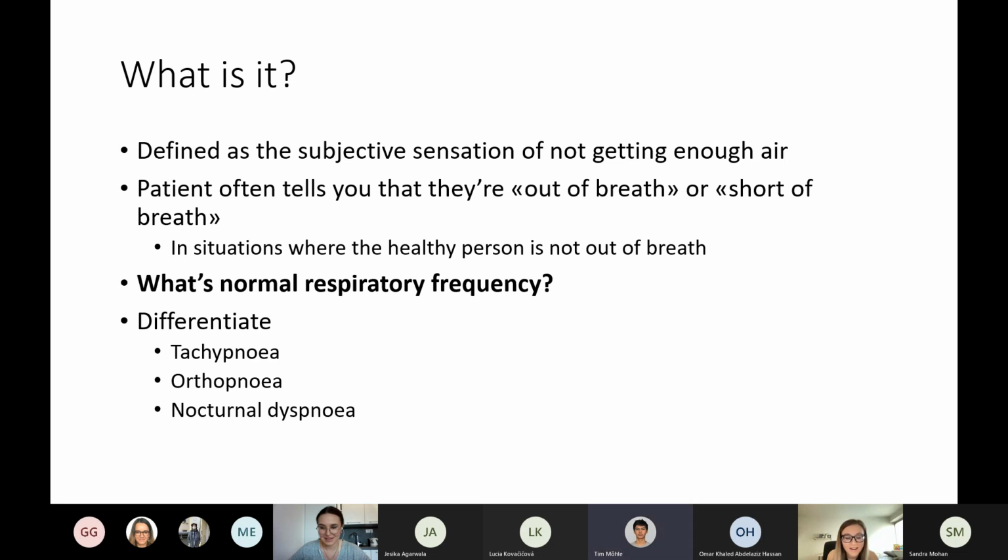So basically, you have dyspnea when you're laying down. That is orthopnea. Exactly. So when you're laying down, for example in patients with heart failure, because of build-up of ascites and stuff like that, they're more likely to have this. And then we have nocturnal dyspnea, so difficulties breathing during the night.